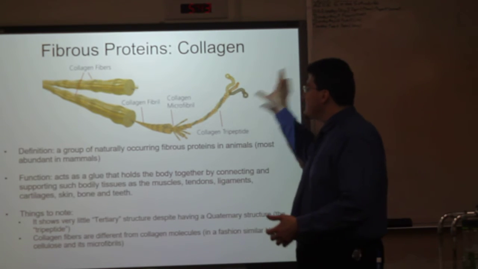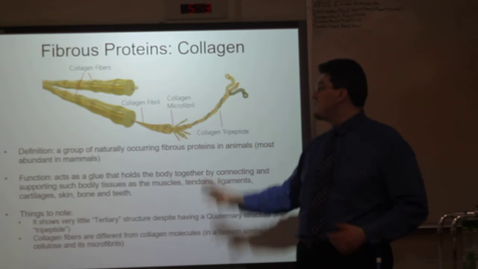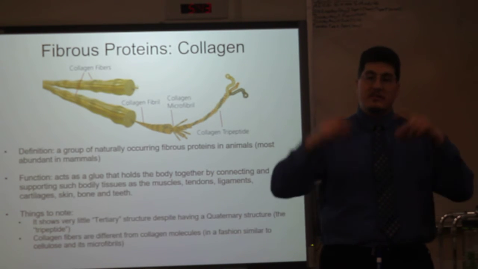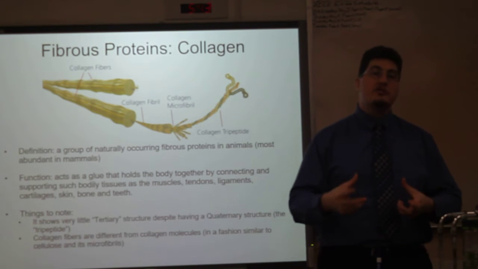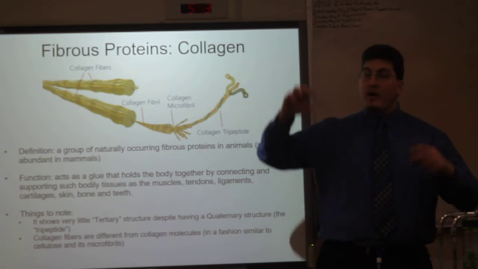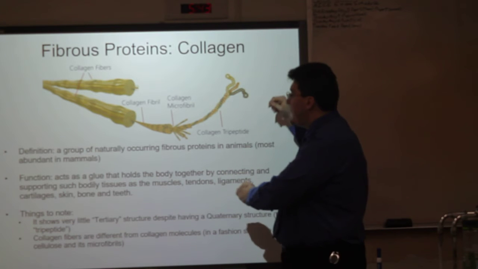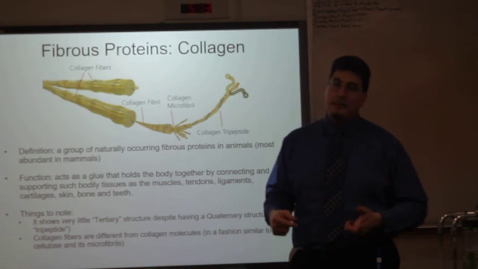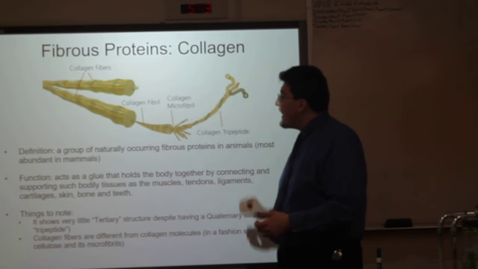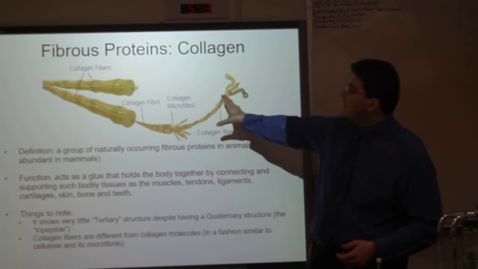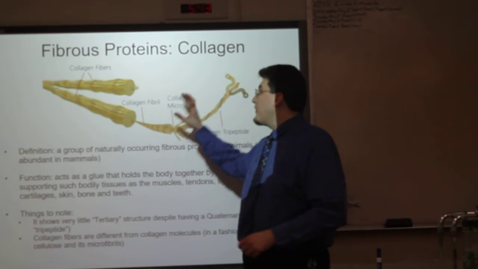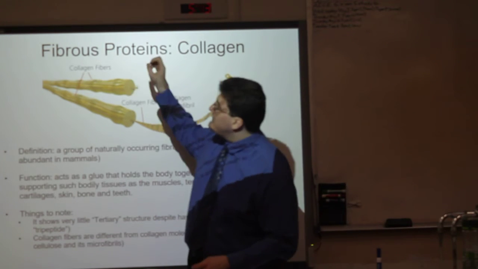A collagen tripeptide is a collagen molecule. The individual collagen molecule is the quaternary structure of the protein. But when you combine multiple collagen molecules, you will get a collagen microfibril. You combine multiple collagen microfibrils, you'll get a collagen fibril. Multiple collagen fibrils, you'll get a collagen fiber.